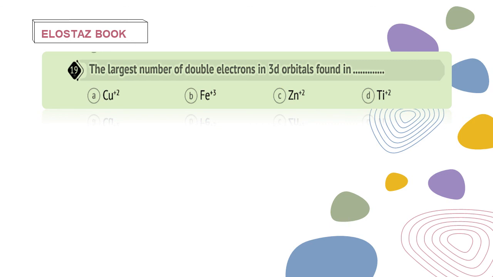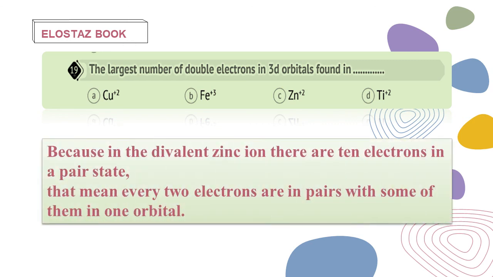Okay, if we discuss each one here, we have the divalent zinc ion, with 10 electrons in a paired state. So the largest number of double electrons, or pairs of electrons, every two electrons paired in one orbital, is in the 3D.